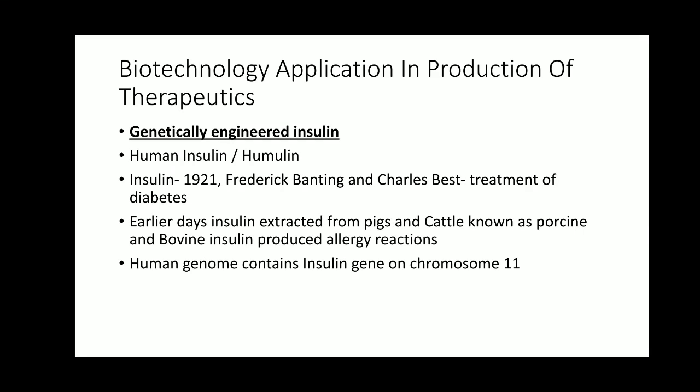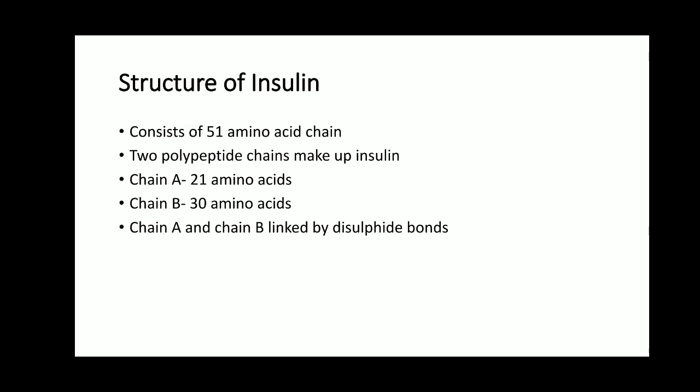Before we move on to how to produce insulin via recombinant DNA technology, let us first see the structure of insulin. In the human body, as well as in other mammals, insulin is produced as a proinsulin, which means it is an inactive insulin.